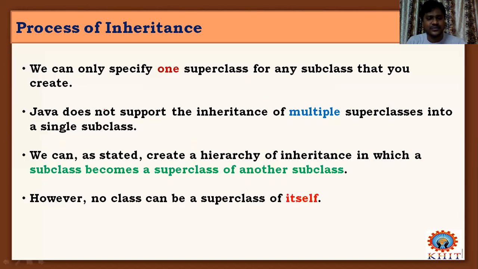And here we need to know, before applying this inheritance, we can only specify one superclass for any subclass that you create. When you are creating new classes and getting inheritance or extending superclasses, the one condition is we can only specify one superclass for any subclass, though any number of subclasses may be possible, right?